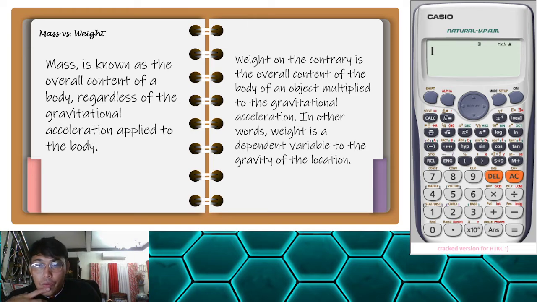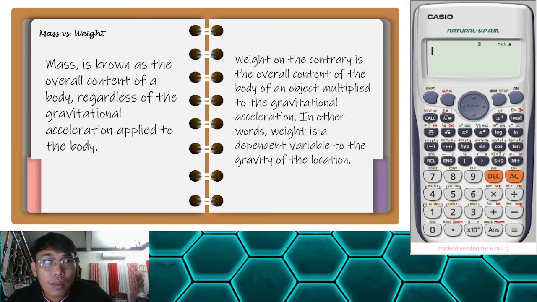Outer space has a gravity-less environment, so if you go to space, you will have no weight. You will have zero weight. Why? Because weight is applied only if gravity is present.